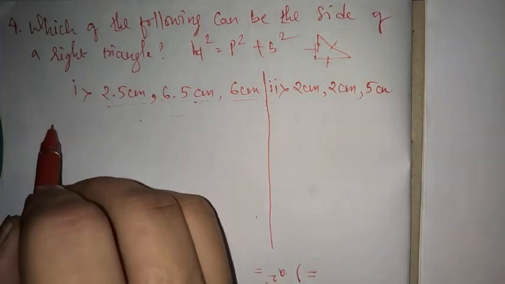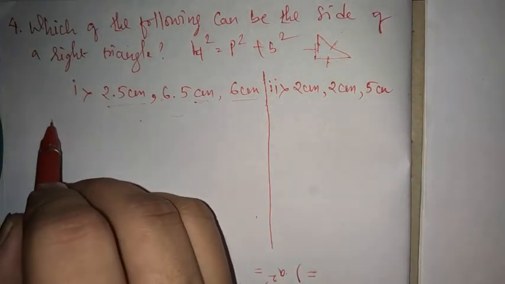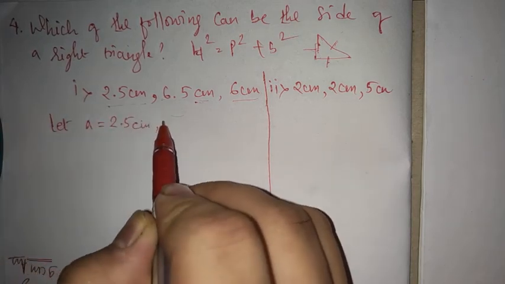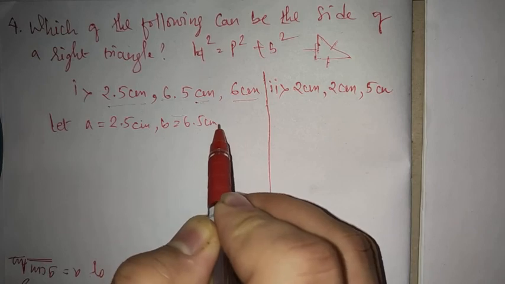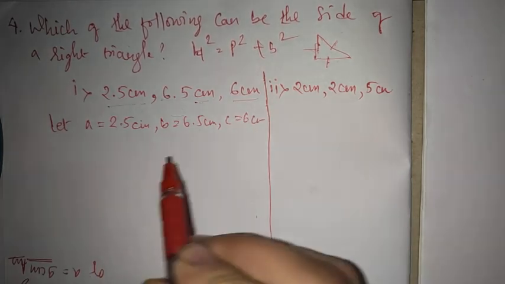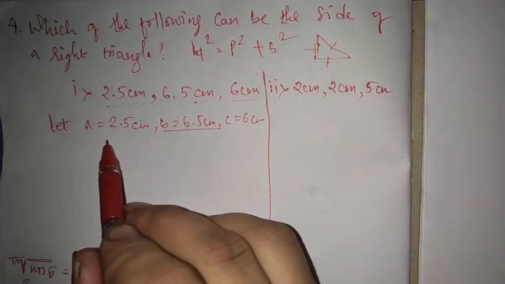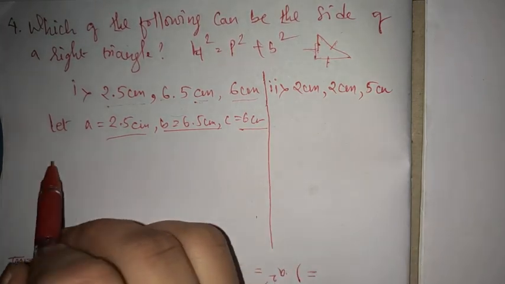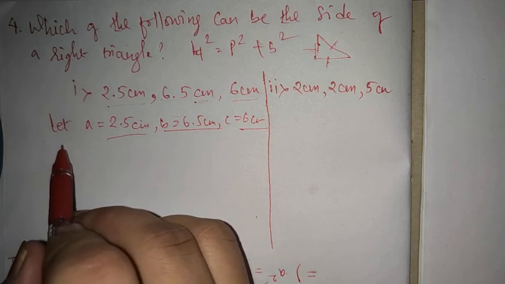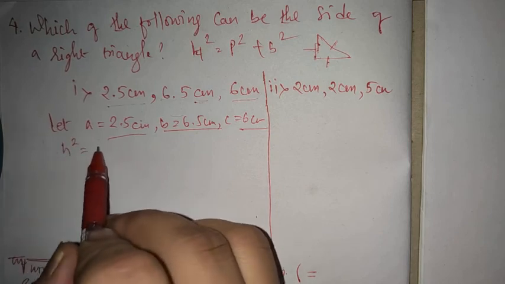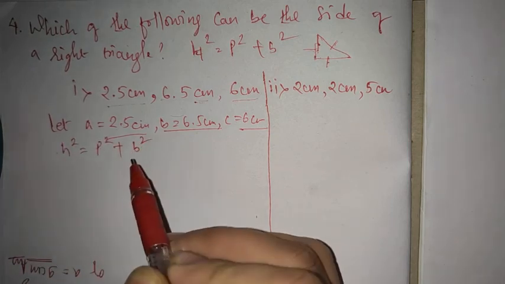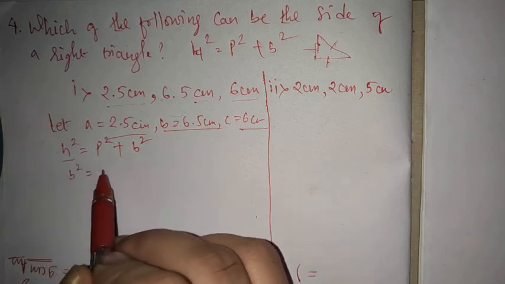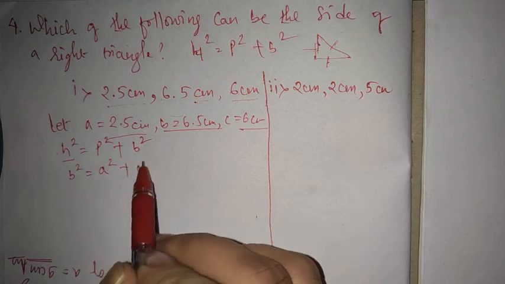Starting from the hypotenuse, let's say A is equal to 2.5 centimeter, B is equal to 6.5 centimeter, and C is equal to 6 centimeter. Whichever is the biggest among these, you will assume that as the hypotenuse. So instead of h square is equal to p square plus b square, let's write b square is equal to a square plus c square.